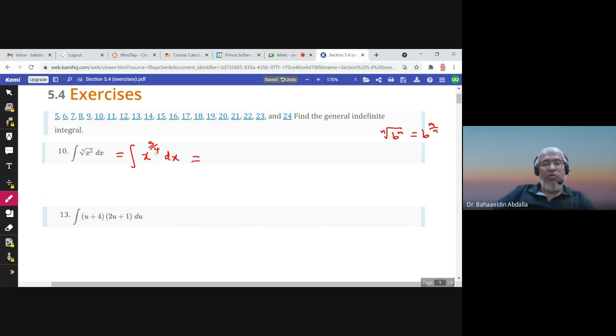And now I can use the formula for the integral of x to the power n. We add 1 to the power, so 5 over 4 plus 1, we will have 9 over 4, over 9 over 4, plus c. And now this 9 over 4, I can bring it up and write it as 4 over 9 x to the power 9 over 4 plus c, and this would be the answer.